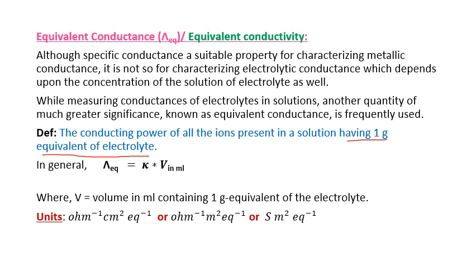Students, the first time you easily get confused, because most of the words are very close: conductance, specific conductance, conductivity, resistance, resistivity, specific resistance, equivalent conductance, equivalent conductivity. All the words look almost the same. So you have to read the chapter and watch the videos again and again, then only you can get clarity.